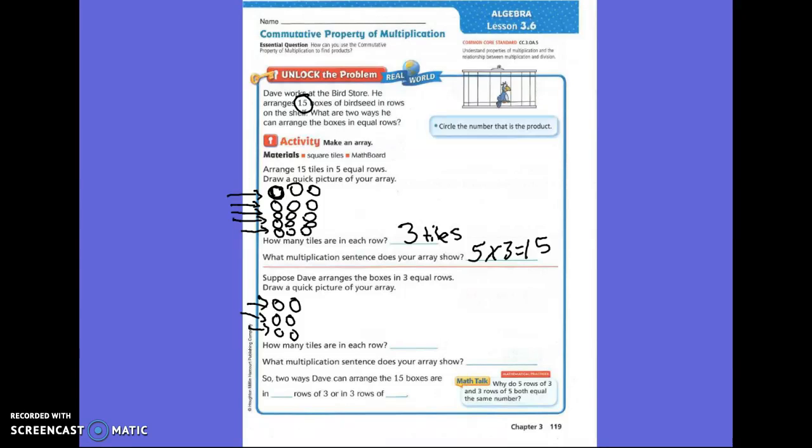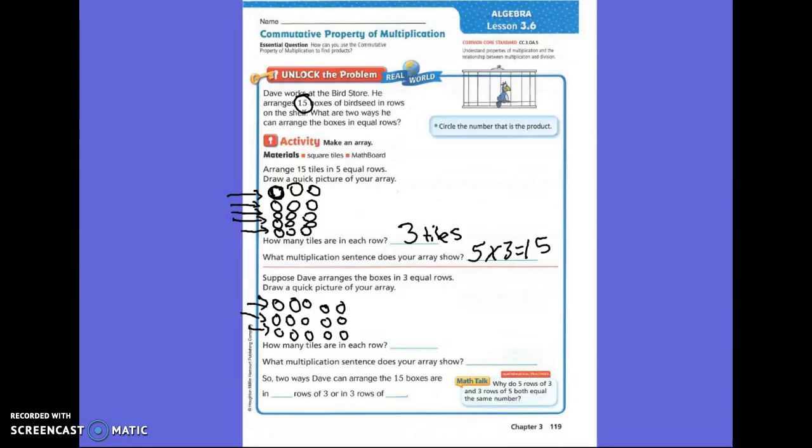So that's 1, 2, 3, 4, 5, 6, 7, 8, 9. Keep going. Okay. So I only have 6 right now, so I have to go 7, 8, 9, 10, 11, 12, 13, 14, 15. Does your array look like mine? Yes. Okay, I hope so.